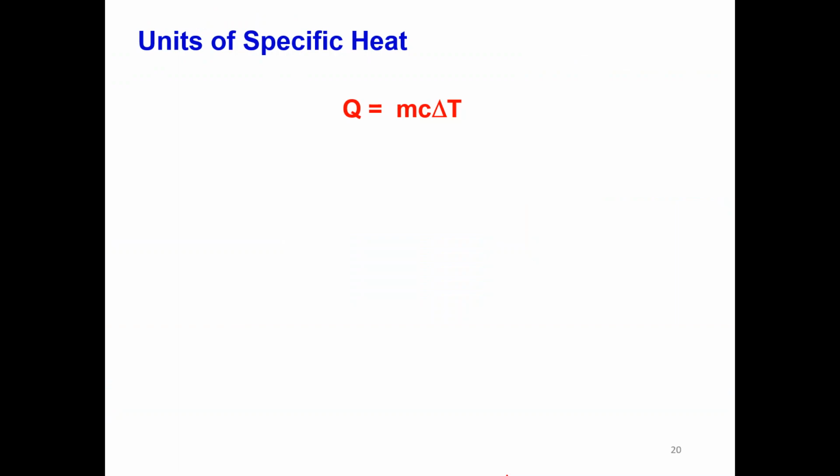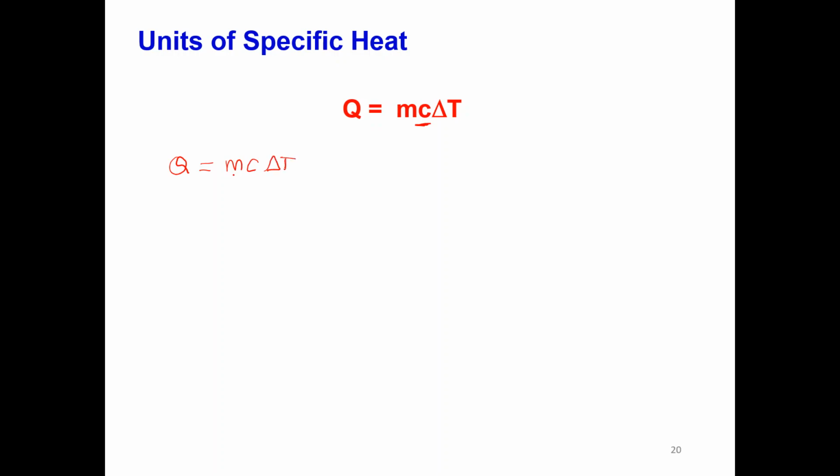But before we go with that, we want to know what the units for the specific heat are. To know the units, what we want first is to solve for C. In that case, we have heat equals mass of the substance, specific heat of the substance, times change in temperature.